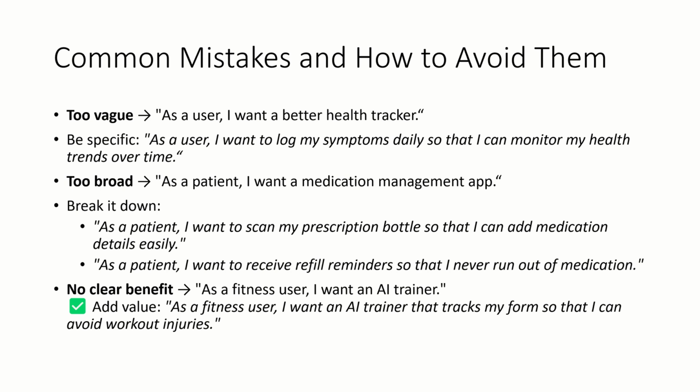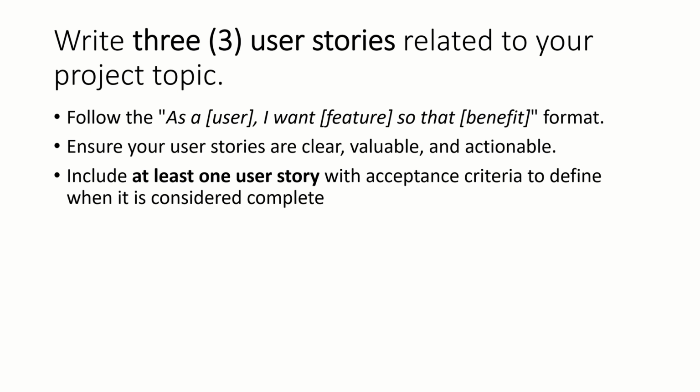Or, as a fitness user, I want an AI trainer. This also does not state a clear benefit. You can change it to include a benefit: as a fitness user, I want an AI trainer that checks my form so that I can avoid workout injuries.